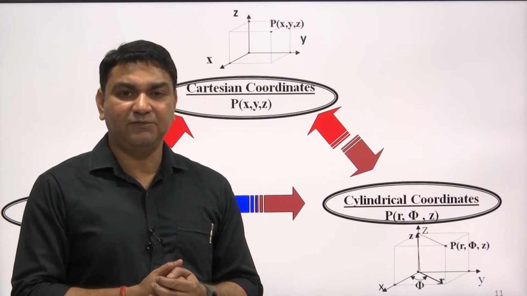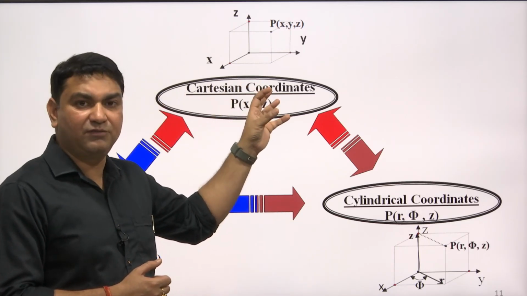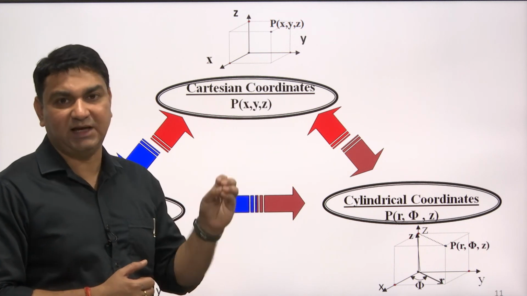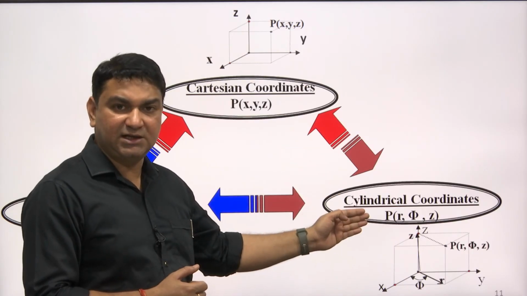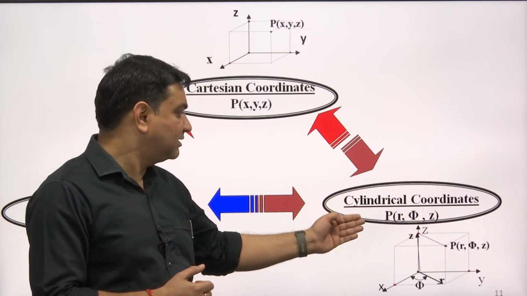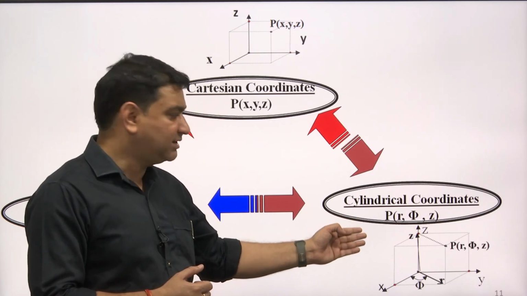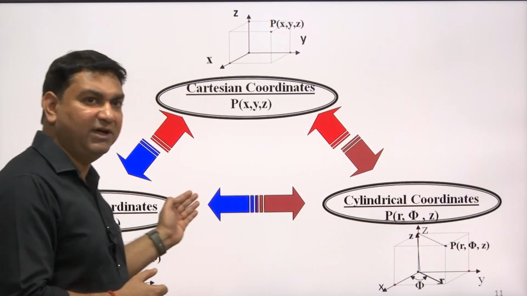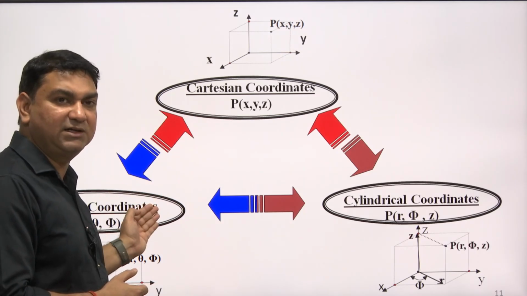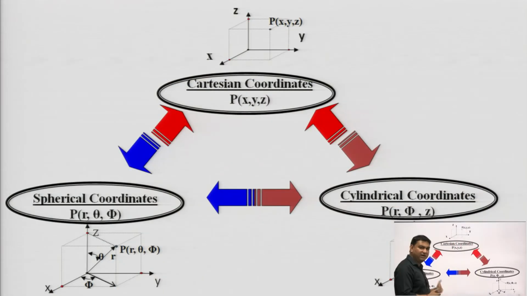Means, if we describe any vector in the form of Cartesian coordinate system, means x, y and z form, then it can be converted into the cylindrical coordinate system in terms of r, phi and z, and in the same way these Cartesian coordinate system parameters can be changed in the spherical coordinate system, and spherical coordinate system can be changed into cylindrical coordinate system.